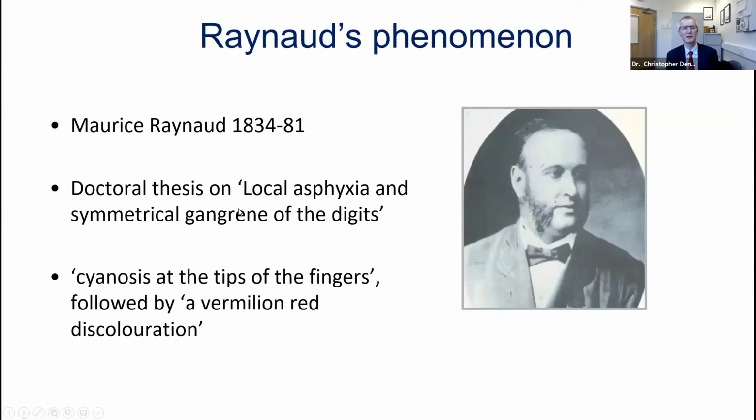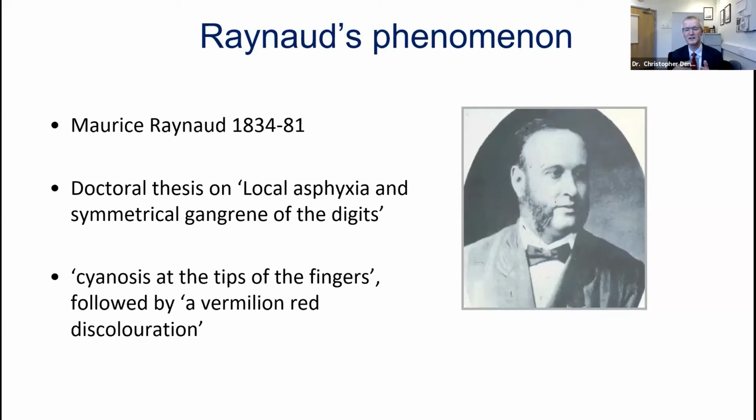So Raynaud's phenomenon was first described by Maurice Raynaud. I think he described it as a medical student when he was doing his doctoral thesis. And he described a series of patients that had very severe digital ischemia and gangrene.